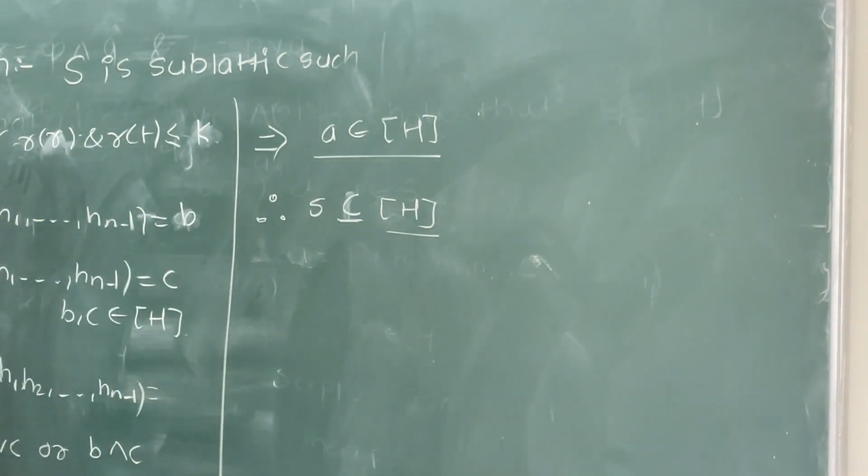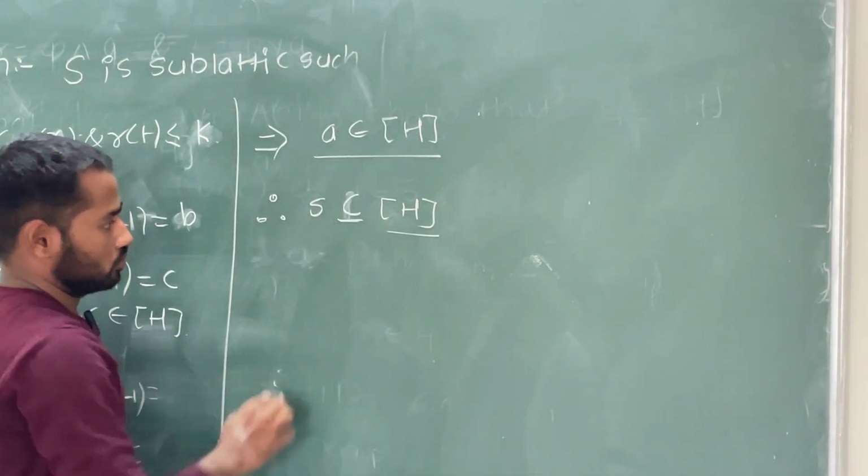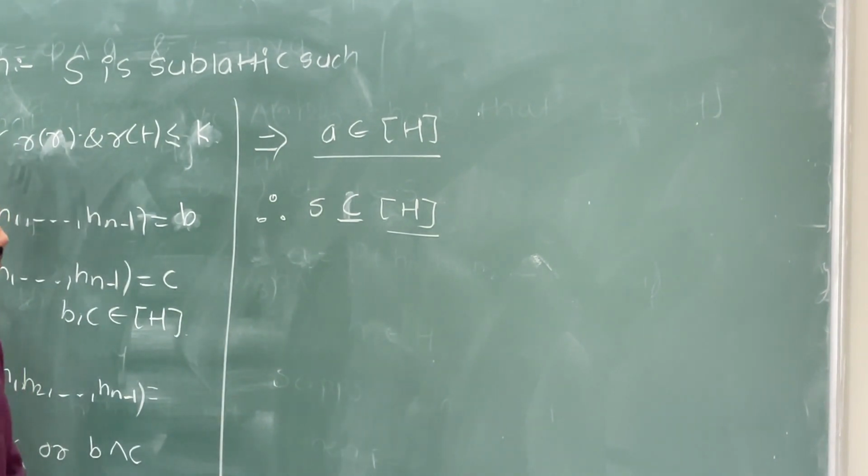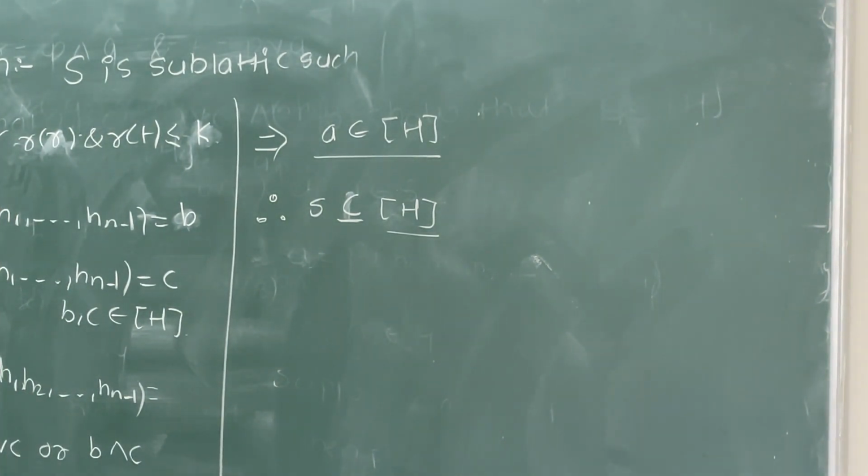Now from this, tell me why S is equal to square bracket of H. Square bracket of H is the smallest sublattice containing H. We already proved that S contains H. We are yet to prove it is a sublattice.